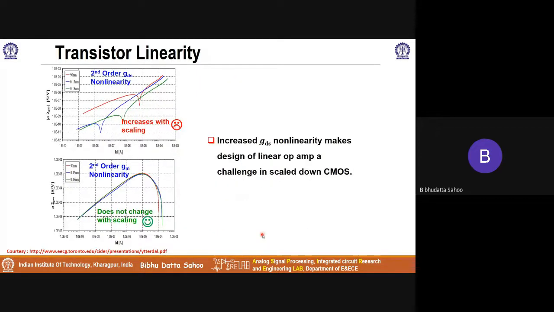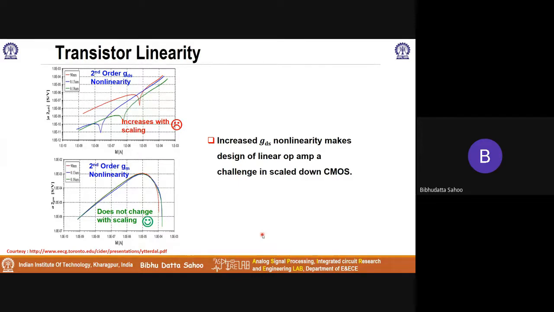Now we mentioned that nonlinearity is a big concern. There are two kinds of nonlinearity when you are trying to design a circuit which gives you a certain gain. The gain is the product of GM times GM divided by GDS. So there will be two components to nonlinearity. One is the GM nonlinearity, and the other is the GDS nonlinearity.